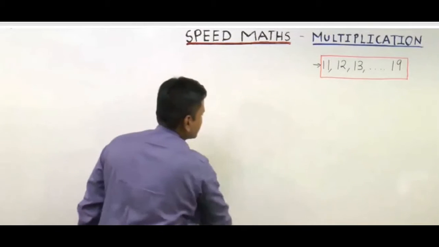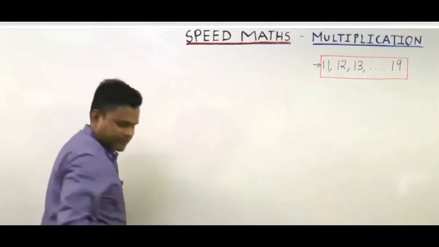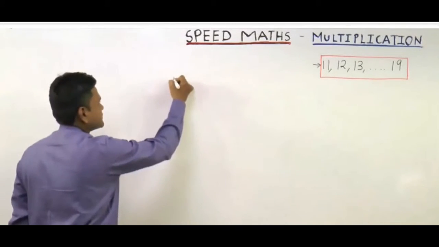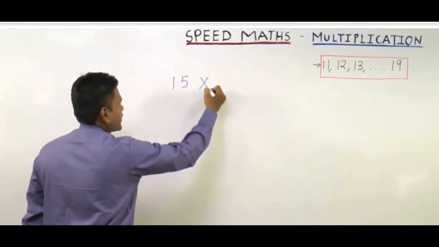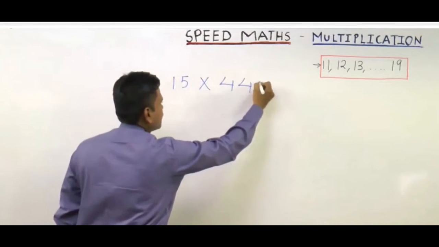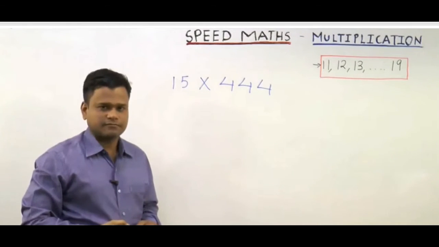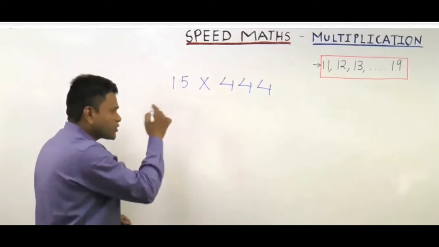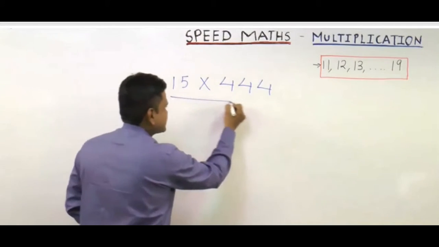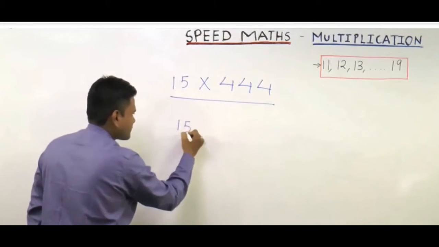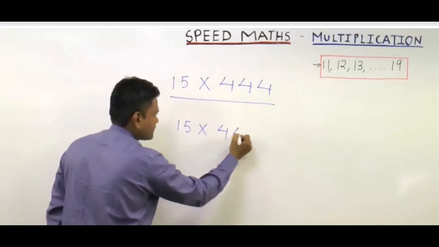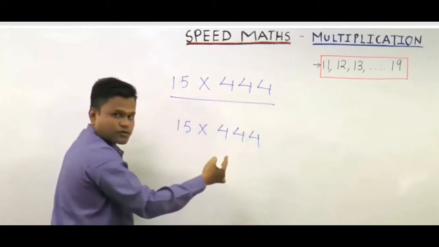So we have any number, let's say the number is this, 15 into 444. Looks to be big in the beginning, right? What we do here is this, 15 into the number 444. That is what we want to find out.